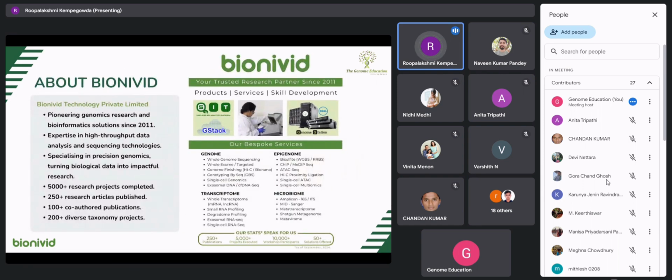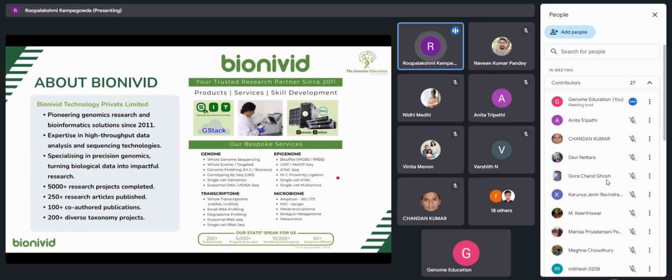So in BioNavid, when I skim through all those things, not only do we run this genomics training program, we also give services. If you see to your right side, we have whole genome sequencing, whole exome, whole genome finishing with high-seq, genotyping by sequencing, single cell, exosomal DNA sequencing, epigenetic, transcriptome, micro.